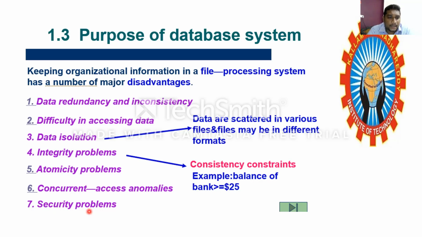We already discussed that if in the file system our register file is lost, we have to maintain the next register, that is, maintain the data again. In a database we use security features like creating a username and password, so that no other users or theft happens in accessing the data. So these are the different advantages of using the database structure.